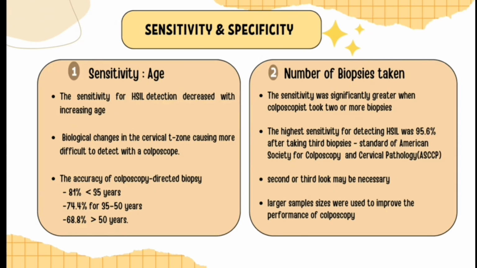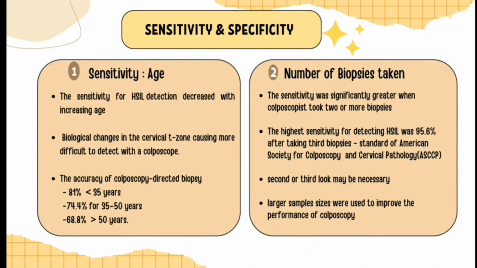The second factor that influenced the sensitivity and specificity of colposcopy and biopsy in HSIL detection is the number of biopsies. The sensitivity of the enrollment colposcopic procedure did not vary significantly according to colposcopists' professional characteristics, but sensitivity was significantly greater when colposcopists took 2 or more biopsies.